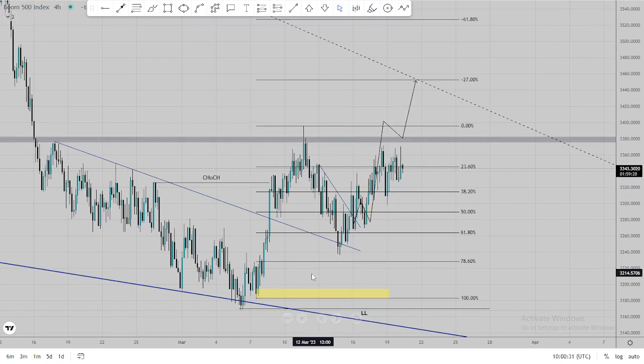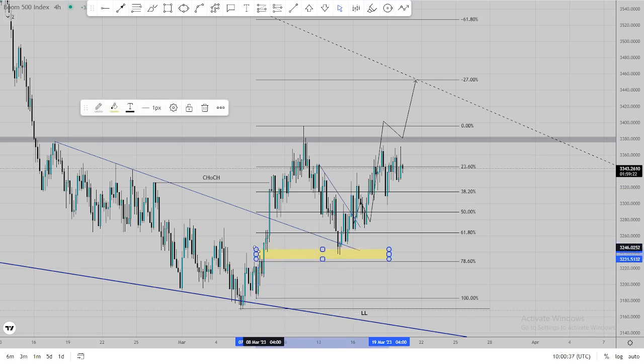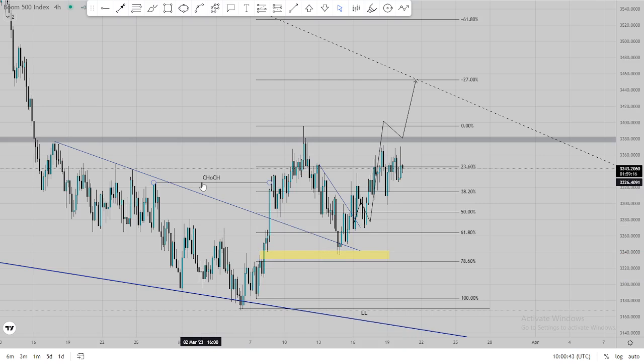So here at the bottom, you realize that the market actually came back and tapped into this fair value gap or imbalance, after giving us a change of character. A change of character means that if the market was bearish, we now know that we're being bullish.